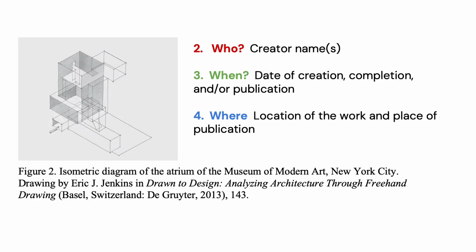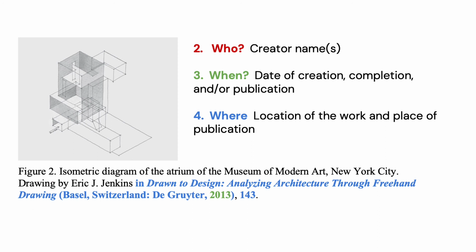When writing your credit line, first identify the creator of the figure, or the who. Start a new sentence and write, Drawing by Eric J. Jenkins. The remainder of our credit line can resemble the note format for citing books. In general, when writing credit lines in your figure captions, you may default to the source's recommended note format if you're unsure of the best way to credit a figure.